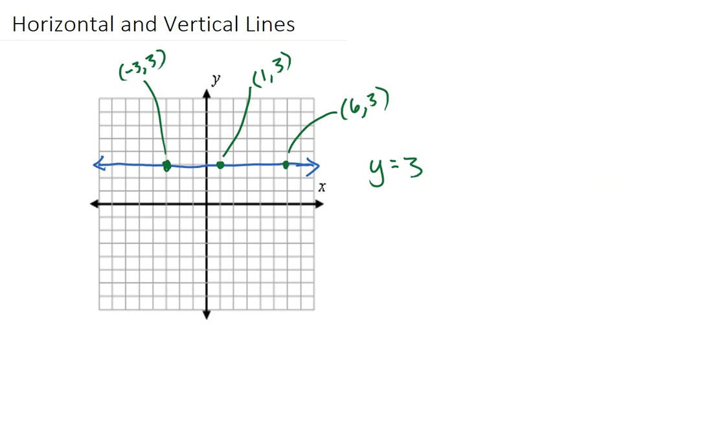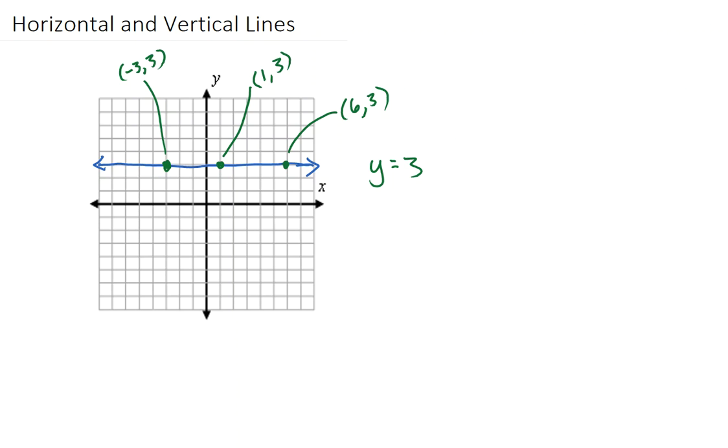So what is fixed is the y value, and the x value covers all real numbers. In that way, the x and y don't live in relationship so much as they usually do when we have both an x and y in the equation. The y is fixed, and the x is free to roam, is a way you can think of it.